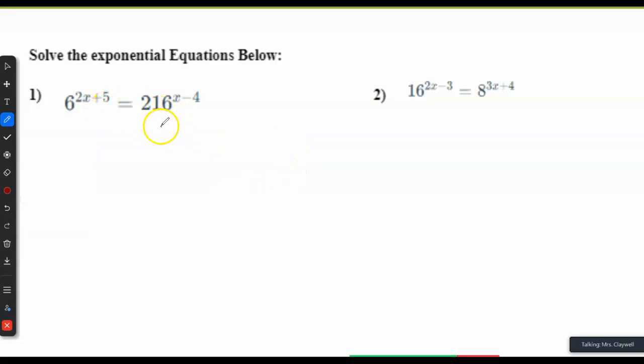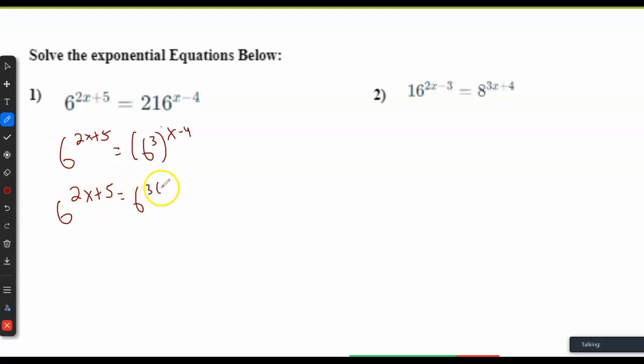So 6 and 216. We can see these have a base 6 in common. Once I have the same bases, I can set my exponents equal. If you need to show less steps, that's fine.